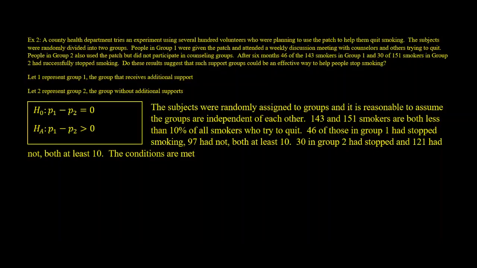I will use the normal model for a 2-proportion z-test. Now again, we're going to use the technology to do these calculations. There's no reason to ever do them by hand. Trust your technology.